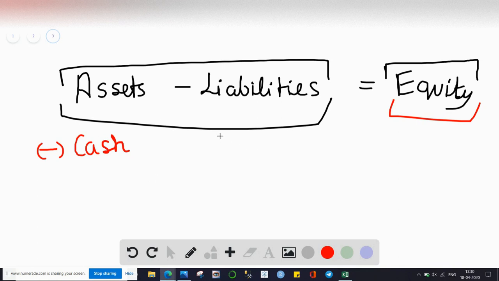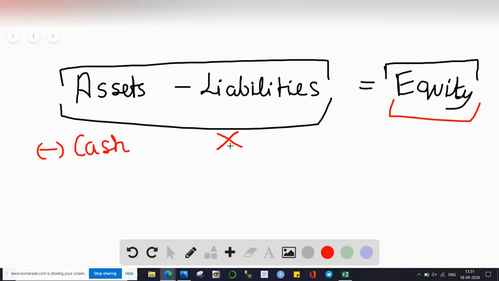Now there is no relation to liability. Why is that so? Because we have just incurred the utility bill in the current month, so it is due in the month, it has to be paid, but it is not outstanding. What is the meaning of outstanding? Suppose you have incurred telephone expenses for January, and you have come forward to February but still have not paid for January, so that will become a liability.